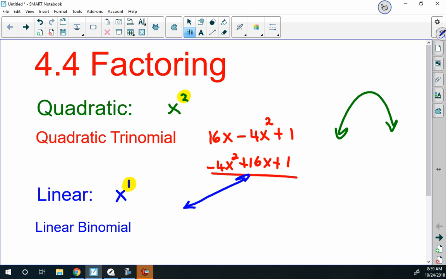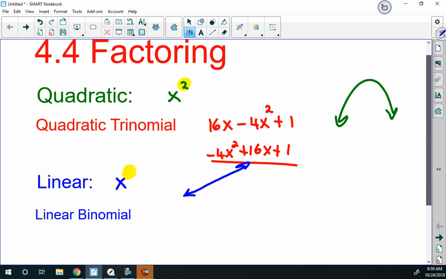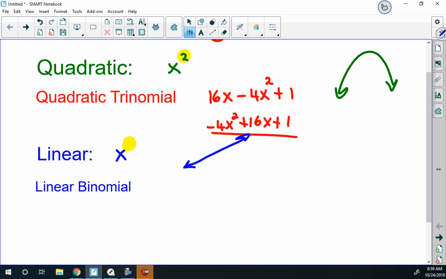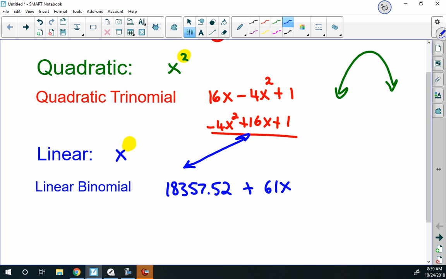Do we need to write the 1? No. So when we're talking about something linear, it's going to have an x to the first power in it. And a linear binomial, how many terms is a linear binomial going to have? 2. So it might have something like 18,357.52 plus 61x.